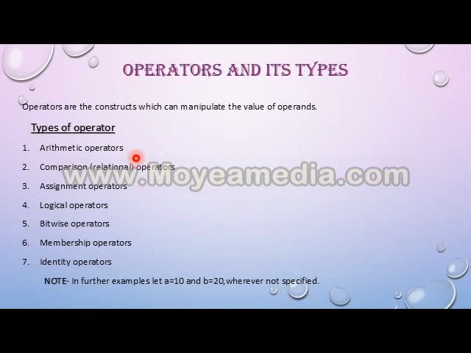In this lecture, we will see the first three operators, that are arithmetic, comparison, and assignment. But firstly, note that in further examples, wherever we use A and B, let A = 10 and B = 20, if not specified.